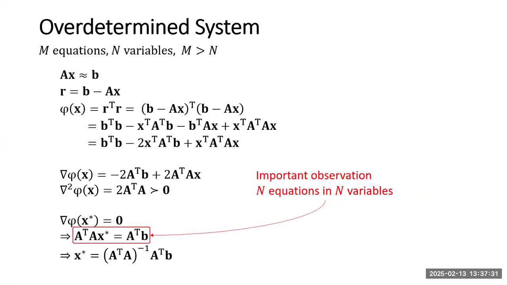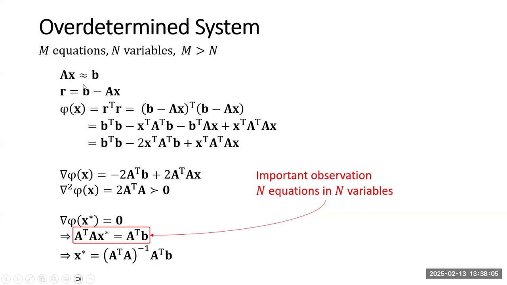Yes. Okay. Now we have n equations in n variables. Look at this. We want to solve this. This is our original purpose. We want x such that Ax equals b. What we did is, for reasons we just saw, this is an approximation. So we have m equations in n variables, more equations than variables.